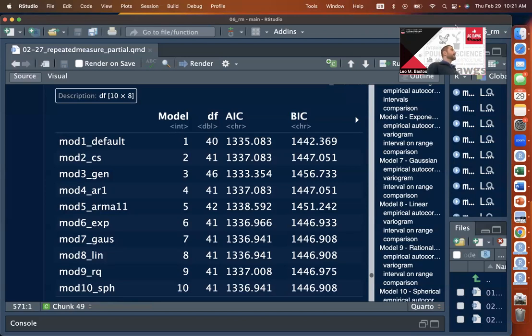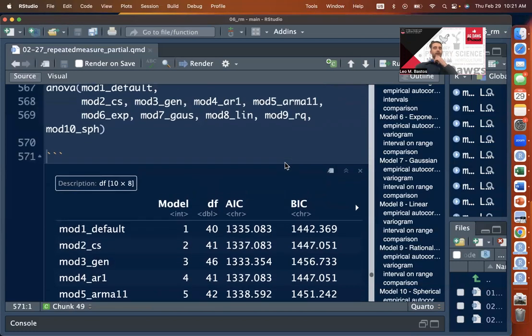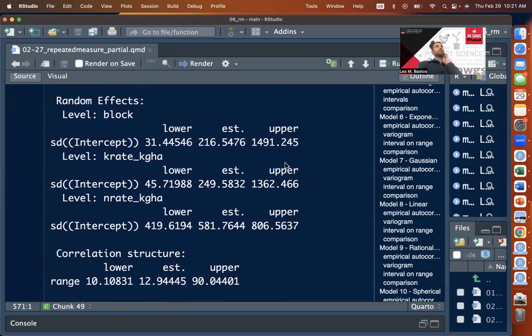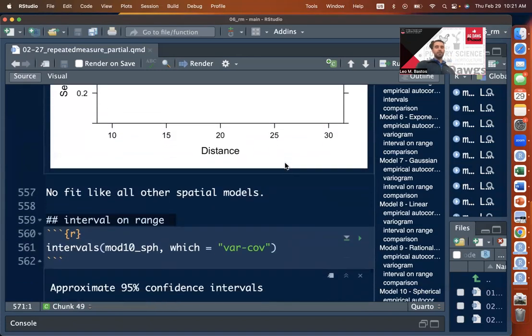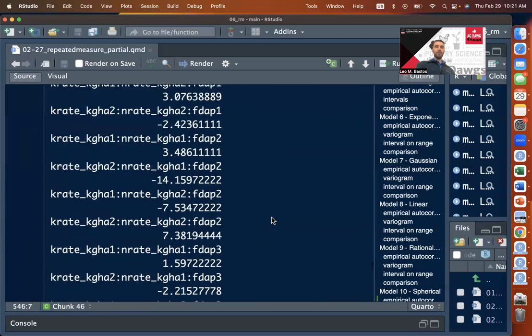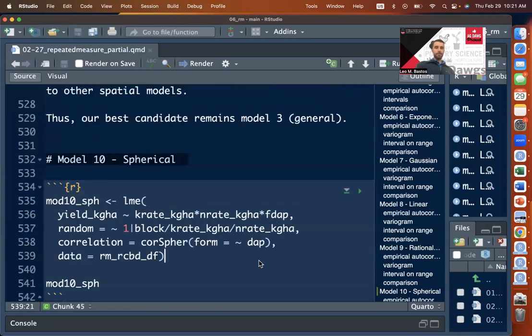Yeah. And I guess we're not going to see an example in class of an actual repeated measure in space, but I just want to show you quickly here in one of the models how we would implement that. So let's say we had a spatial data set where you had yield, and then you had a column for X and a column for Y, where X and Y are the coordinates.